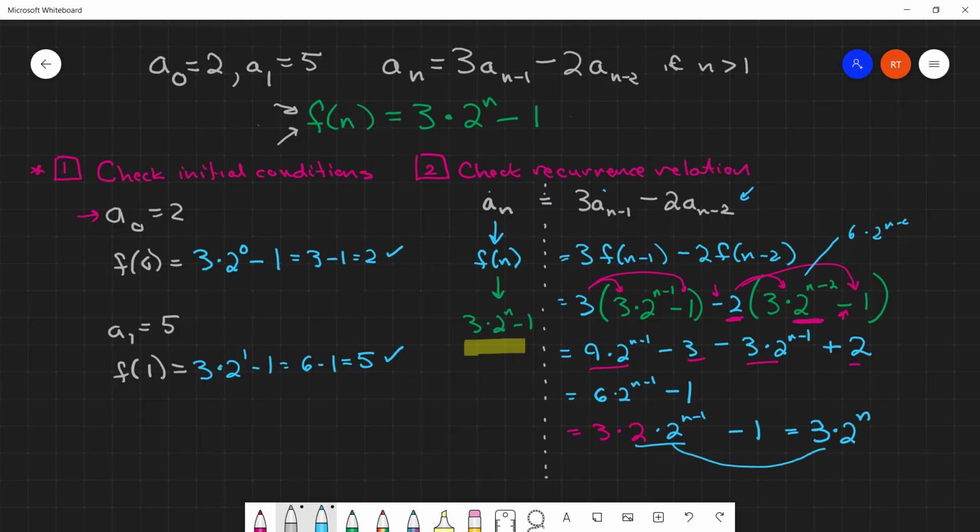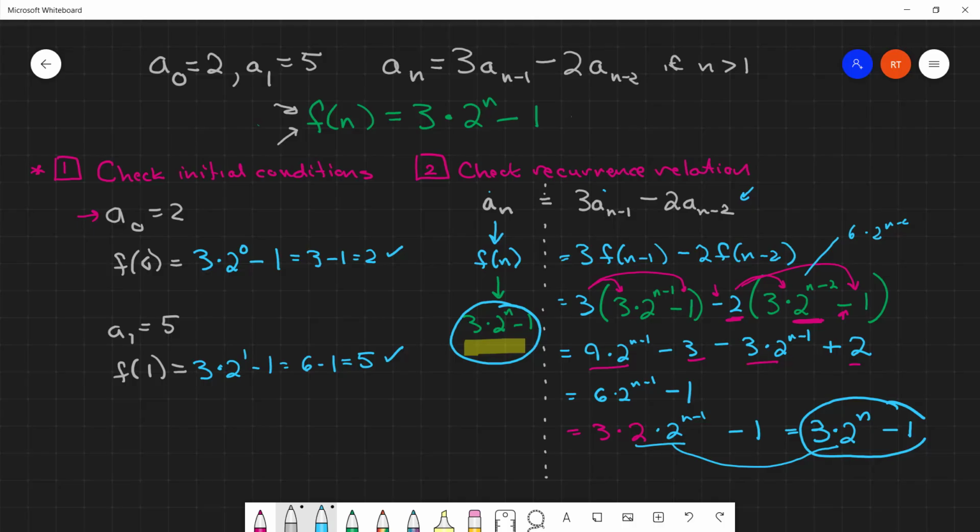And at last, I am left with 3 times 2 to the nth, all minus 1, and that is equal to the left side. This means that the function f of n equals 3 times 2 to the nth, all minus 1, solves the recurrence relation because it satisfies both the initial conditions and the recursion that's in the recurrence relation.